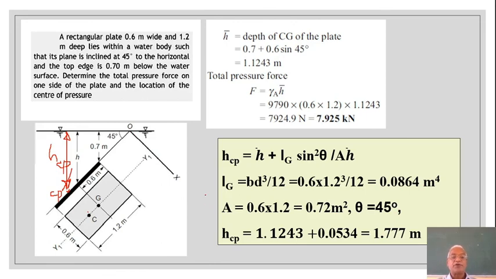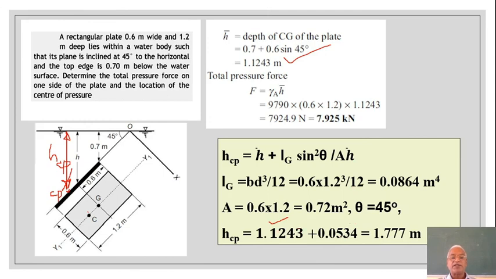So you substitute everything. h CP will be this h bar, which is calculated over here, 1.1243 plus whatever extra term Ig sin squared theta divided by A h bar is there, it will be 0.0534.